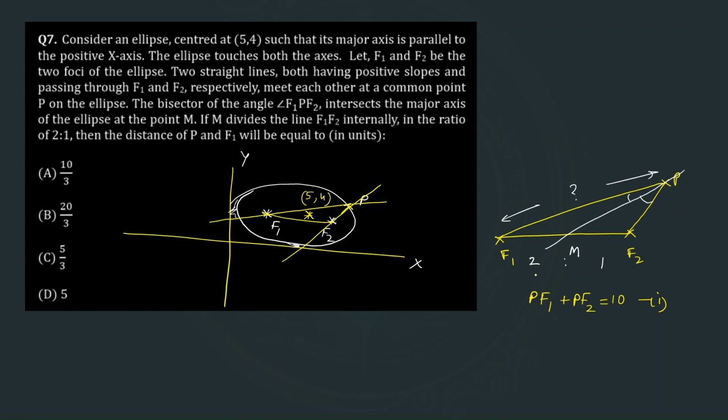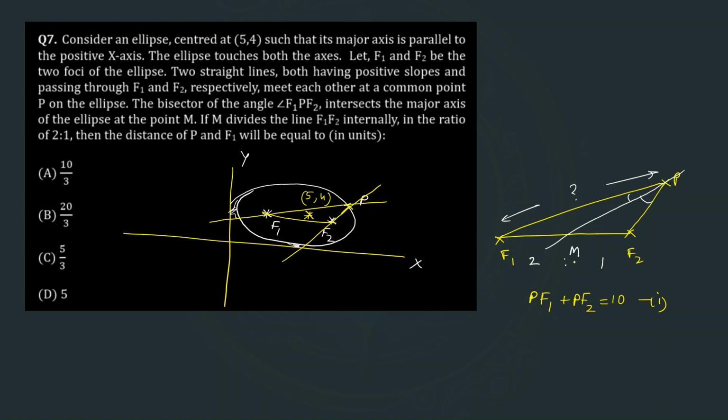Now from our basic geometry, we know a theorem called the internal angle bisector theorem, which states that the angle bisector of a given angle always cuts the opposite side in the ratio of the adjacent sides.